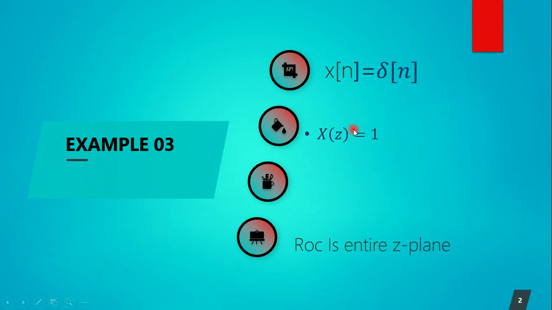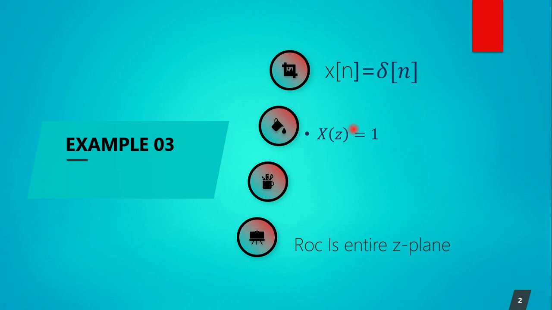Here is another example. If we have an impulse signal and we want to find the Z transform of the impulse signal, it will come out to be 1 because impulse is 1 at 0 and all other values of n it will be 0.